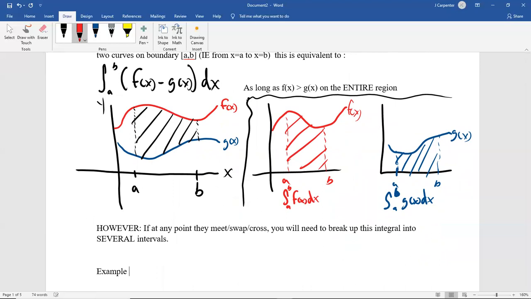Do I need an A? I do not. Find the area between the two curves, a to b.